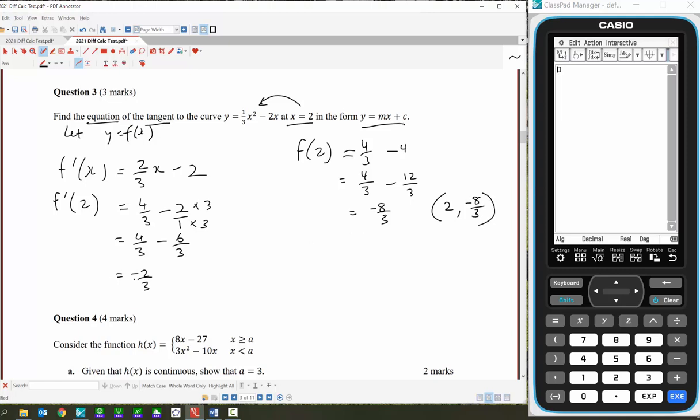So what we've got here is a gradient and a coordinate that allows us to get the equation of the tangent. So I tend to like using y take y1 equals m x take x1. You don't have to use this. Now what we'll do is note that that's going to be the y value. This is going to be the gradient.